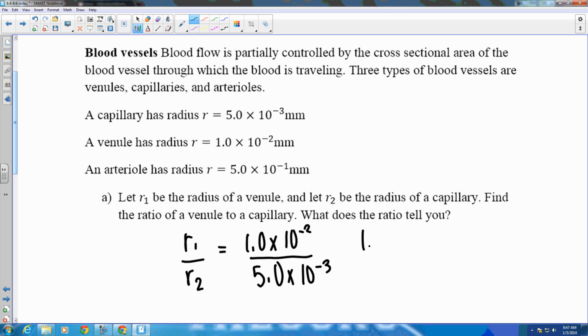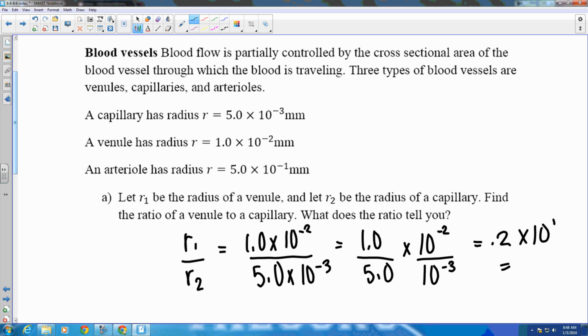We divide the numbers separately and the exponents separately. That's 0.2 times 10 to the 1, which is just 2. The ratio is 2.